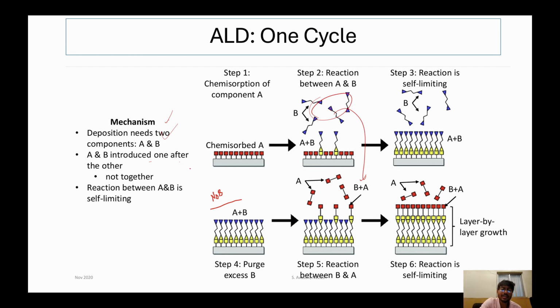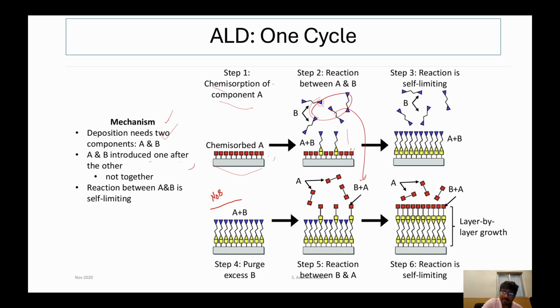Initially there is chemisorbed A over the substrate. Chemisorption of a component, and then we will allow the precursor B. Some molecules of B, this blue, will react with red.